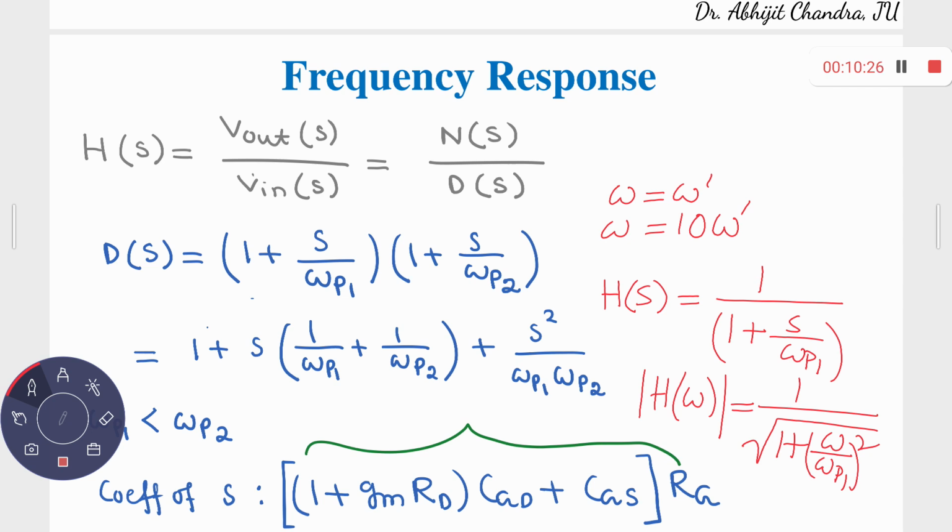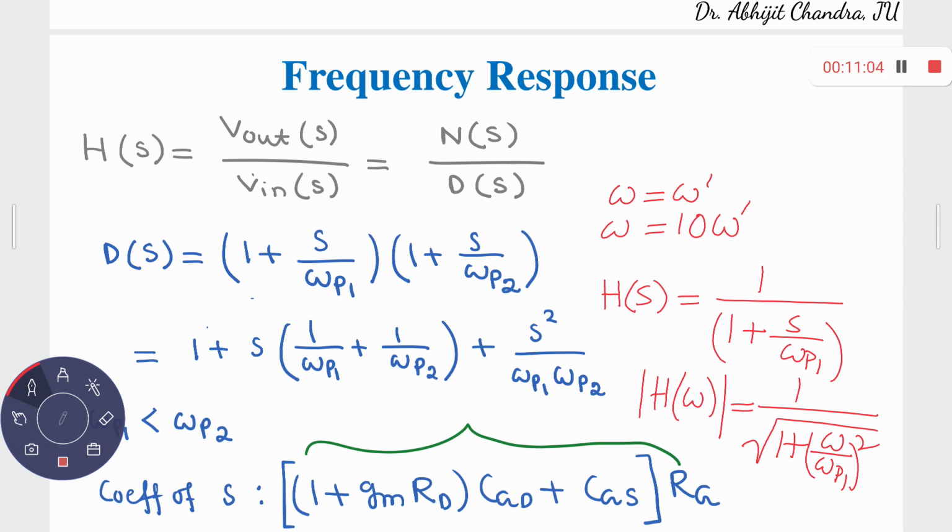That means with respect to the corresponding magnitude value at omega equal to omega dash, when omega is increased by 10 times, the magnitude decays by 20 dB. But sir, if omega dash is very, very small as compared to omega p1, then the value will be the same. That is an approximation.